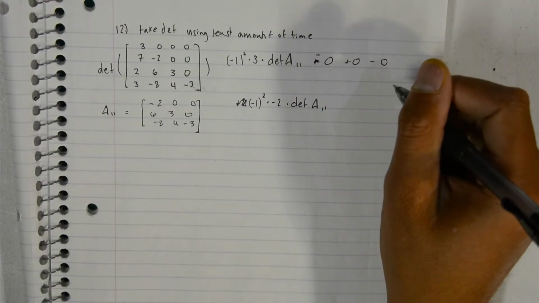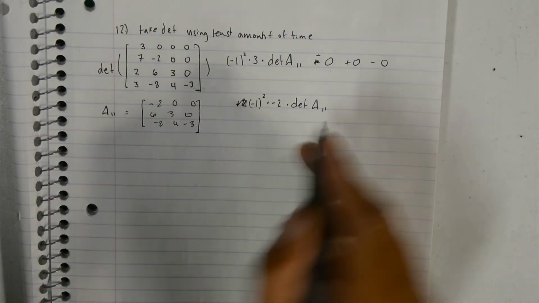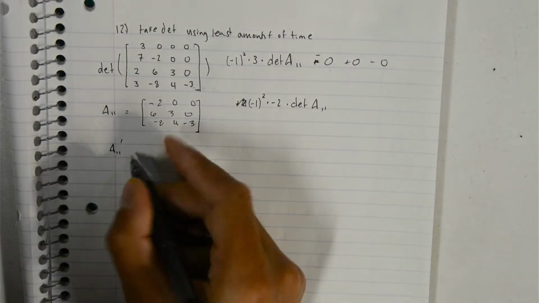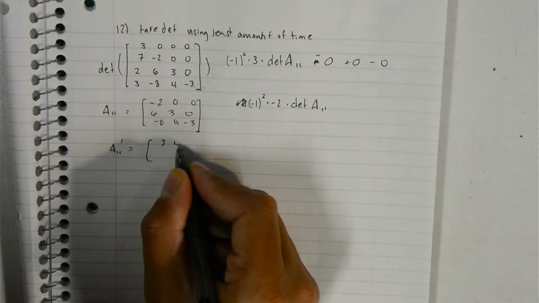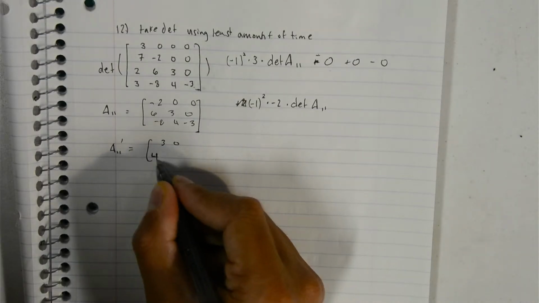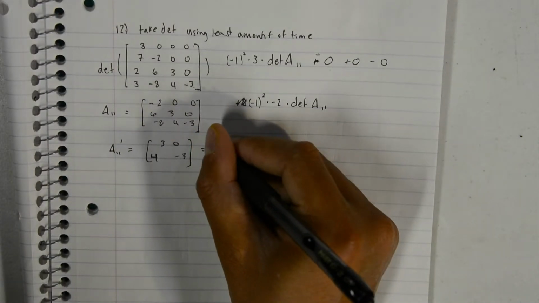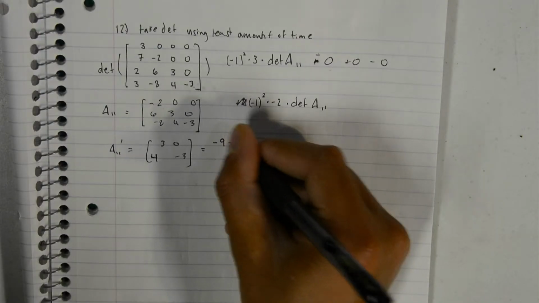I'll call it A11 prime, but it's going to be 3, 0, 4, minus 3. And this is going to be minus 9, minus 0.